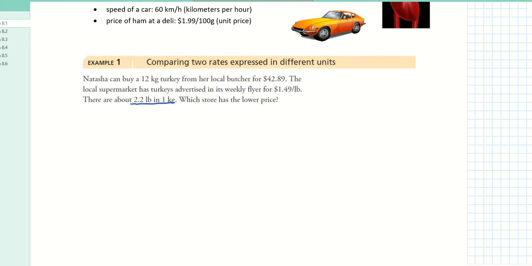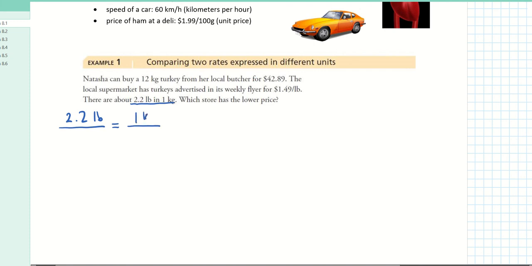So we know that 2.2 pounds, where LB stands for pounds, is 1 kilogram. So I'm going to write 1 kilogram across from 2.2 pounds. And then I want to know how many kilograms is 1 pound. So this is going to be my X, my unknown in kilograms here. So we have to cross multiply here.